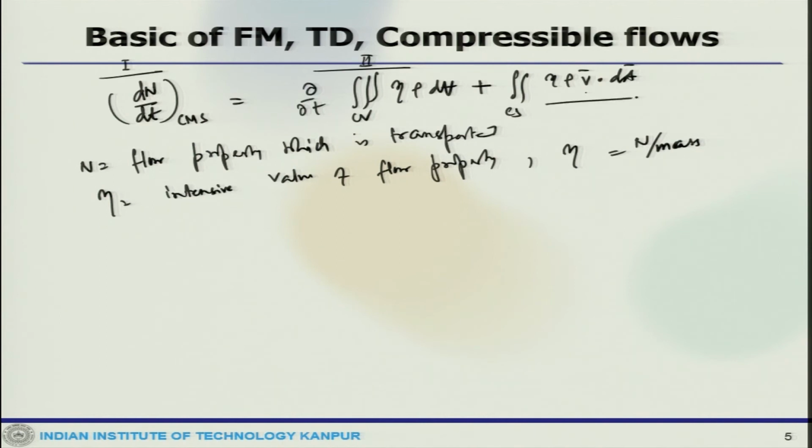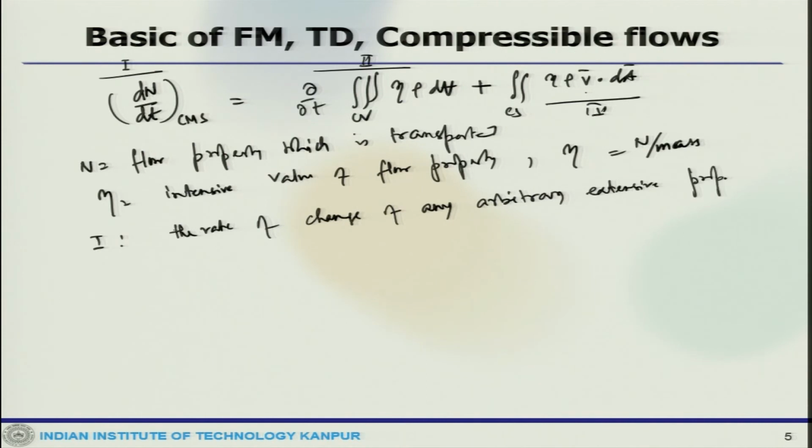So, the first term is the rate of change of any arbitrary extensive property of the system.